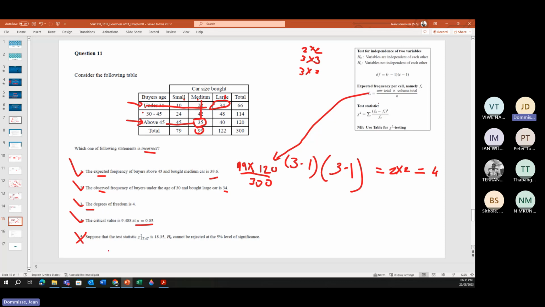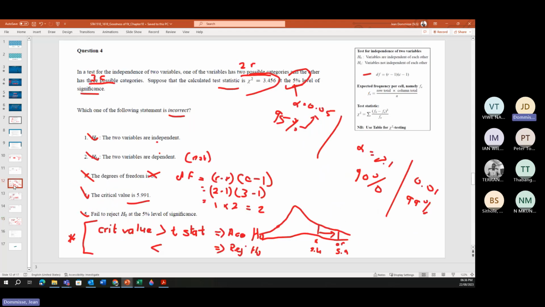So suppose that the t-stat that you calculated is 18.35. 18.35 is bigger than 9.488. Okay, so your t-stat is bigger than your critical. So let's quickly check where we wrote that.